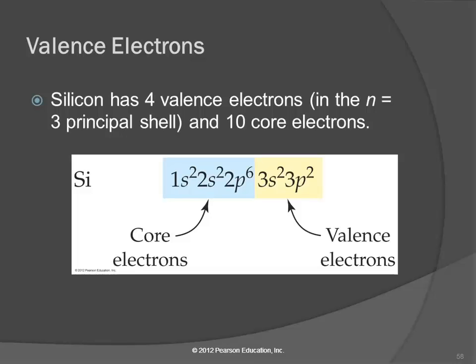Yes? Does the valence electron listing change depending on the amount of electrons that are in that particular element? Like, will we always start with 3s? It would always start with s because s is the lowest energy orbital or subshell in any shell. So that one's always going to get filled up first.